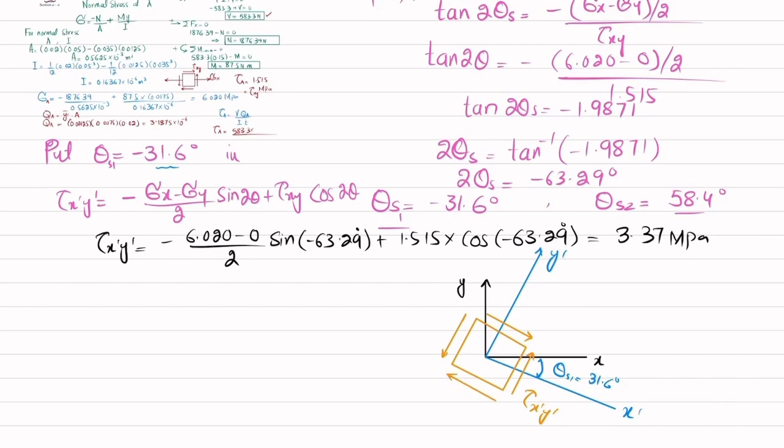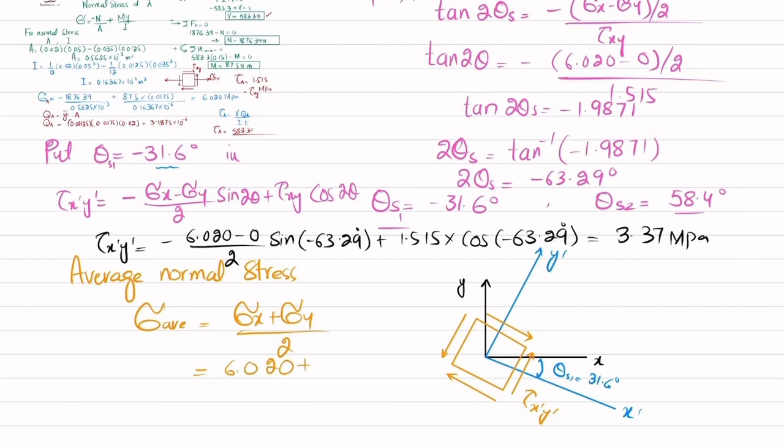With this we also have the average normal stress, and we will also represent it. Average normal stress is equal to sigma x plus sigma y divided by 2. So 6.020 plus 0 divided by 2 will give you the average. So average normal stress comes out to 3.01 megapascal. And this is positive, so it means that it should be in the positive direction.